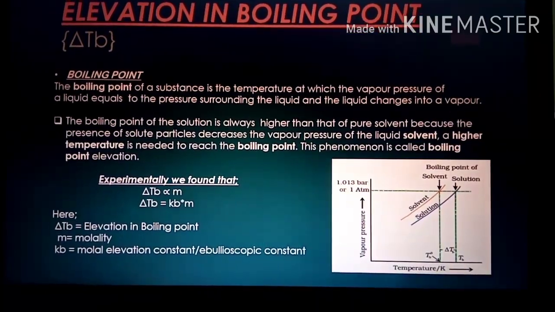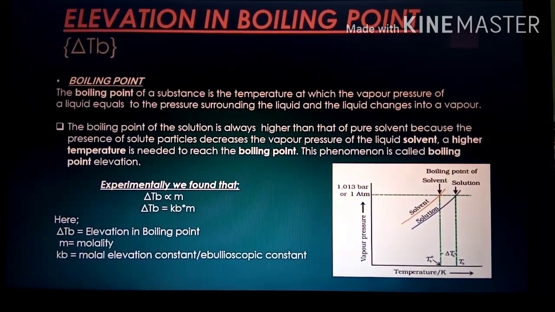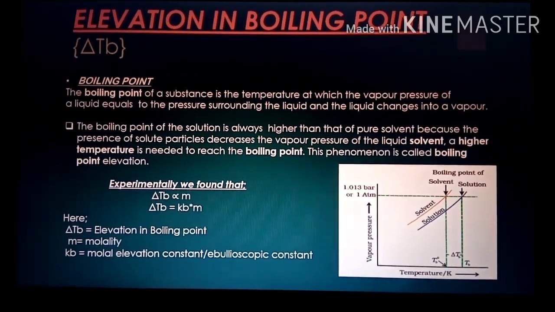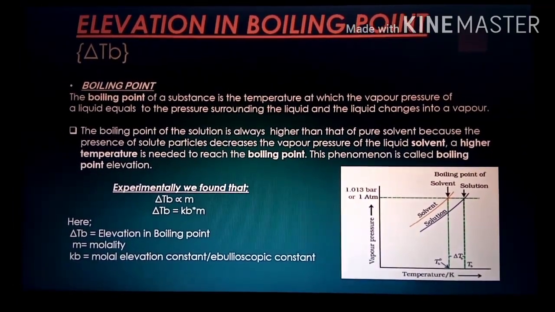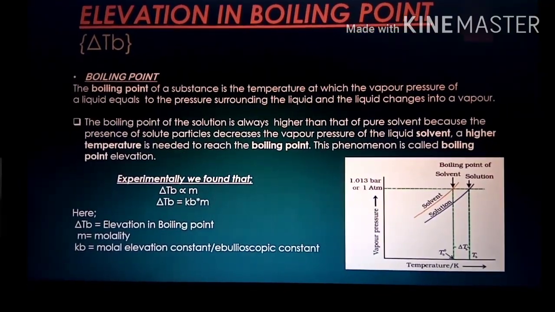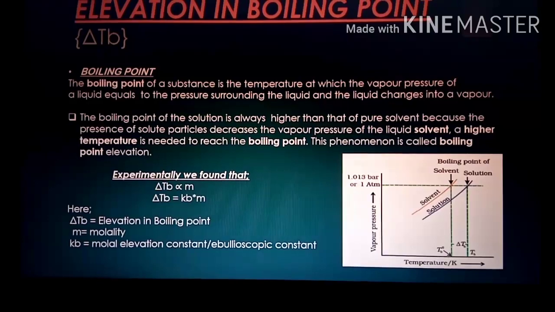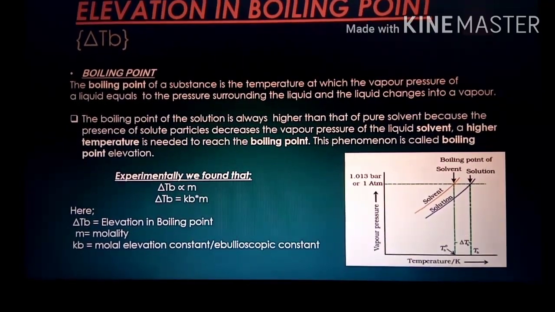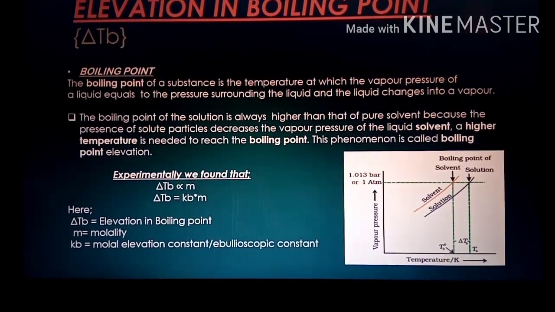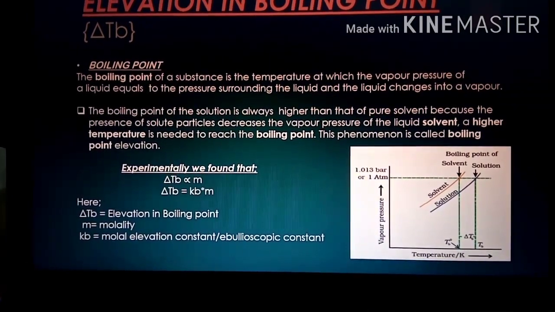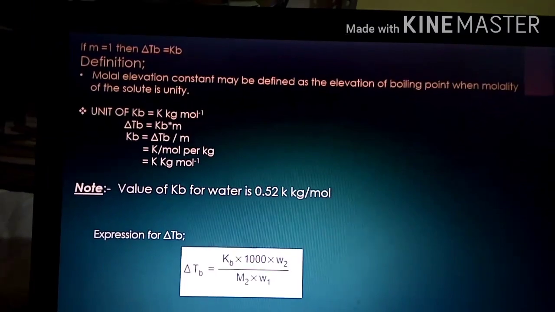The orange color line shows the boiling point of solvent, and the next line shows the boiling point of the solution, and there are two green lines which tell you about the temperature difference. The first is the temperature of pure solvent, and the other is that of solution, and that difference is delta TB.